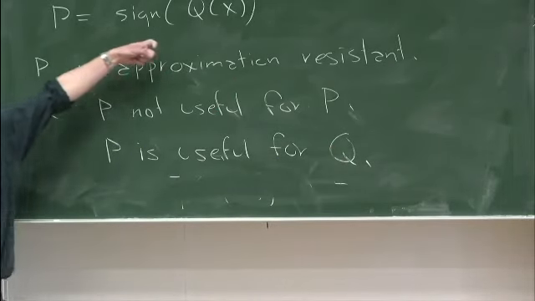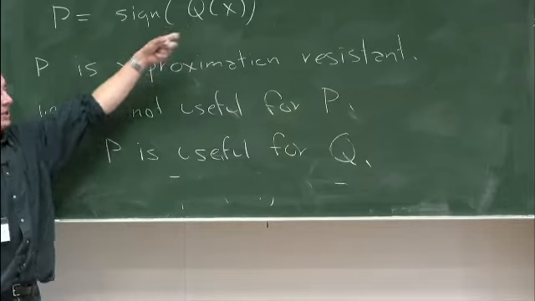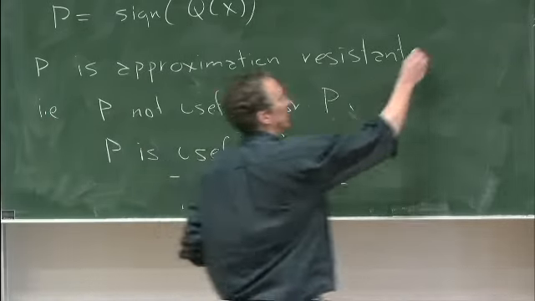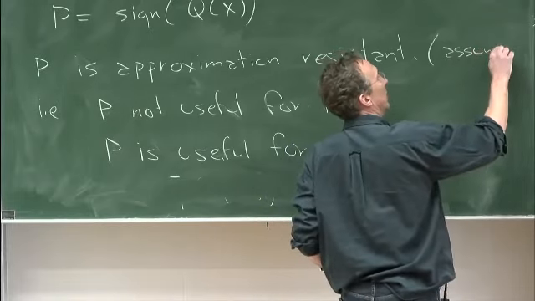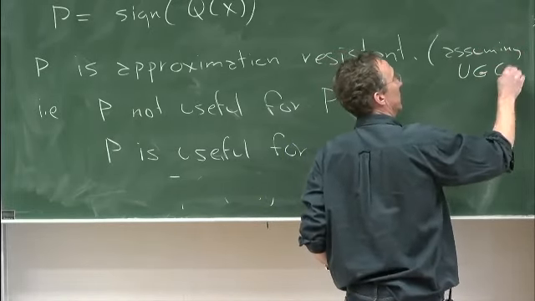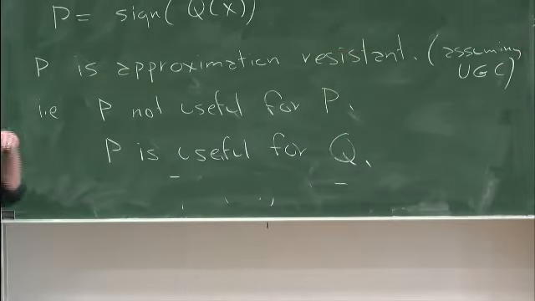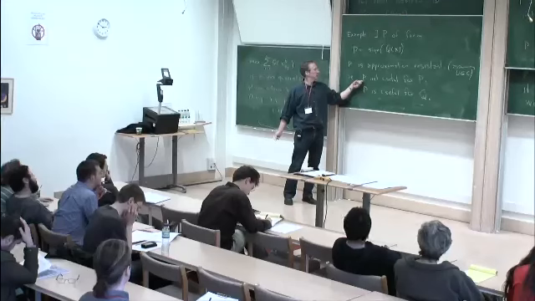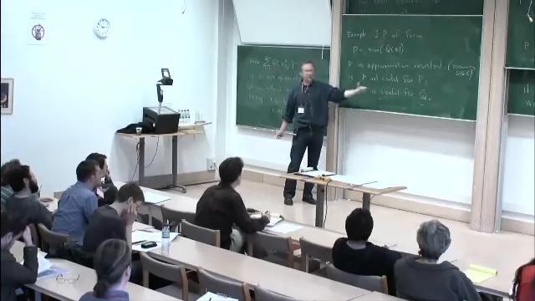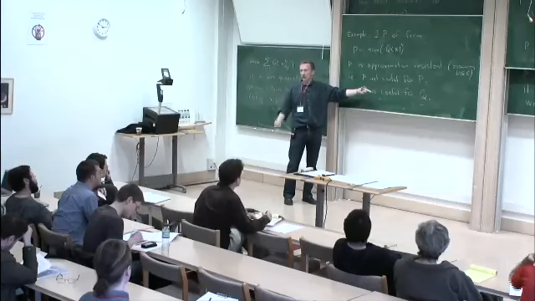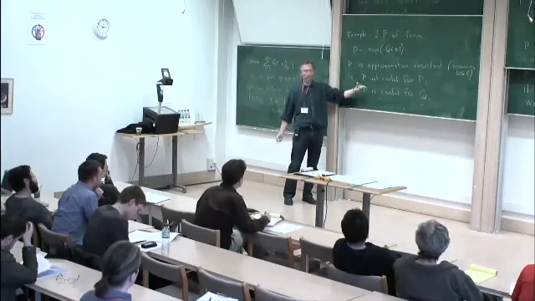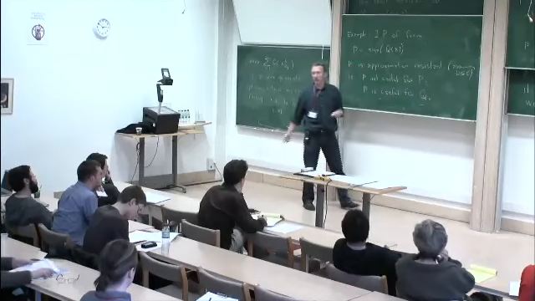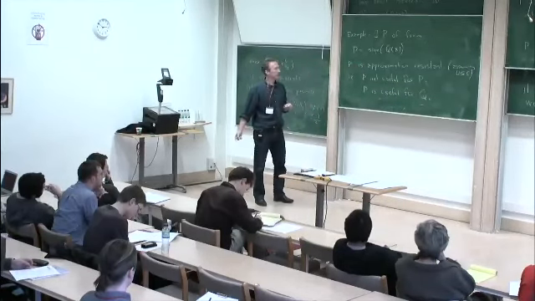It turns out that we can define a quadratic form which has the property that it's approximation resistant, assuming unique games. Okay. Which means that this P is not useful for itself, but it is useful for Q. So this is the example that I was mentioning before, where we know of a real valued thing for which it's useful, but not a predicate thing.